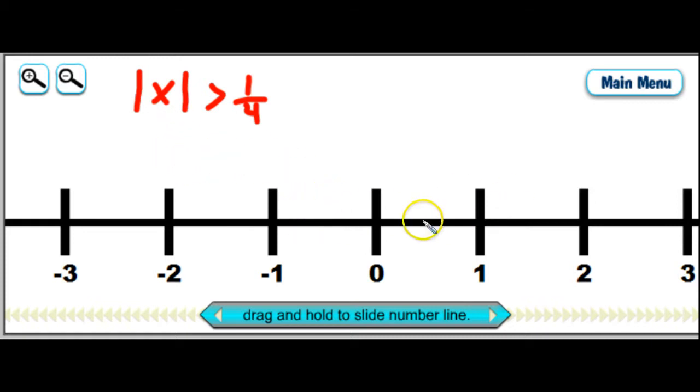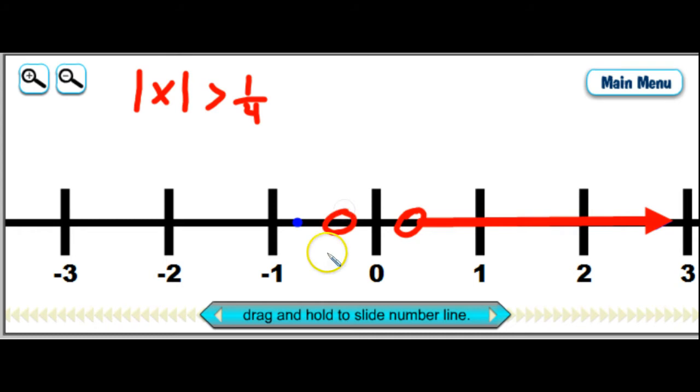If we estimate that 1/4 would be approximately right here, values for x have to be more than that, so this represents farther away from positive 1/4.